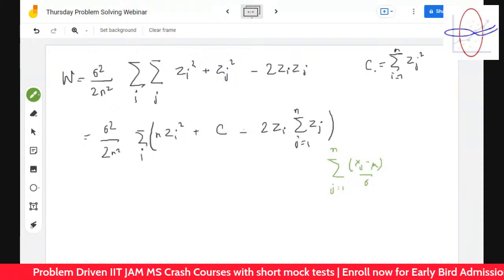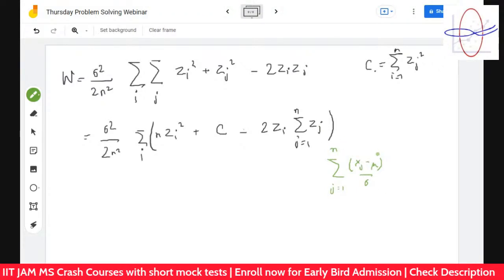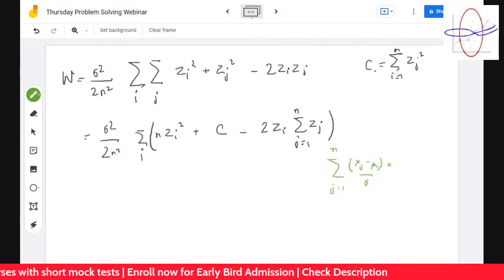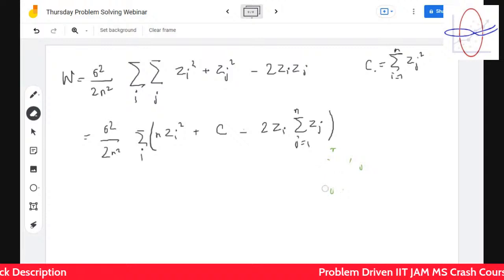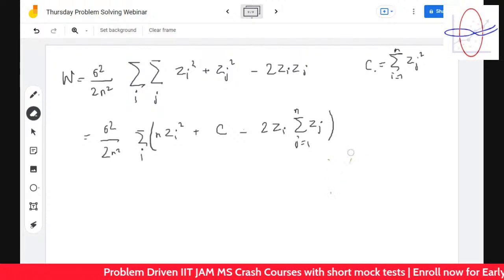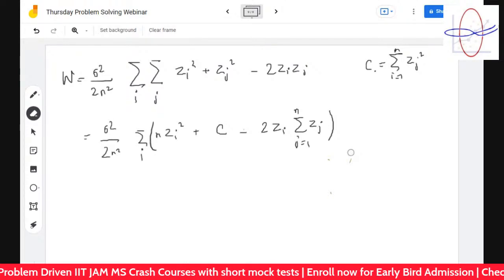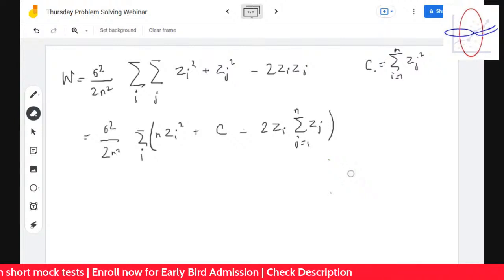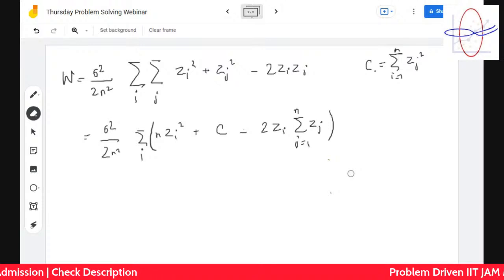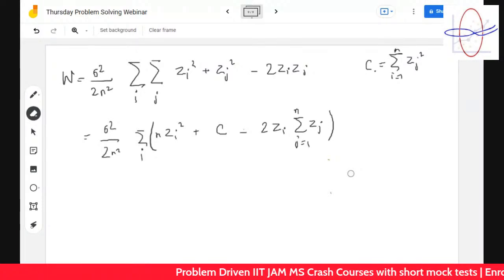Normal 0 1 ka summation. Okay, you're right. I was thinking of something else. Yes, am I doing it wrong? Maybe. Just give me a minute. Yes, I think I am doing a bit wrong.